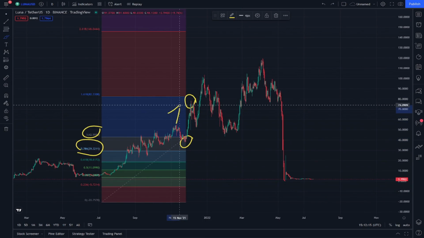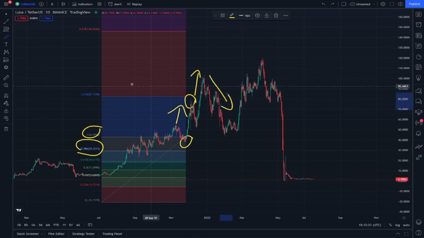We have to make this increase in momentum and here an increase in momentum again and here a decrease in momentum. So we have an increase in momentum when we say that it is 1.618, it is 2.618, so it must be here. So the trend line must be here.